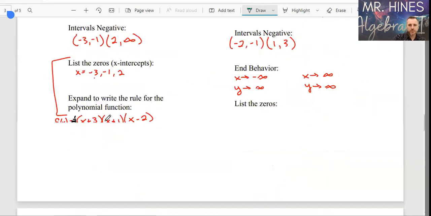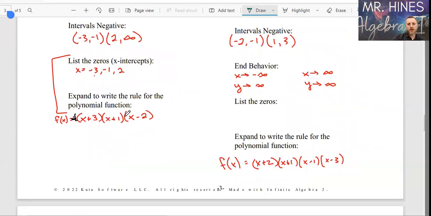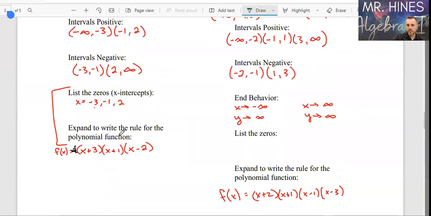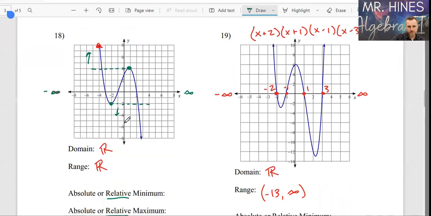You could take your function and graph it and get the maximum and minimum from there, but I'm not asking you to on these because of this little -1/2 that changes absolutely everything. If you don't have that in there, you won't have the right maximum minimums. So we're just going to eyeball them.